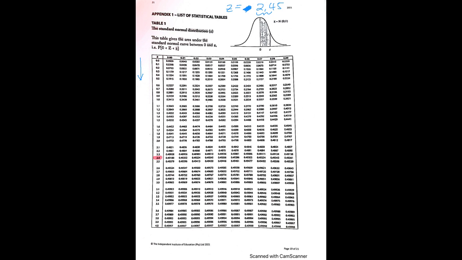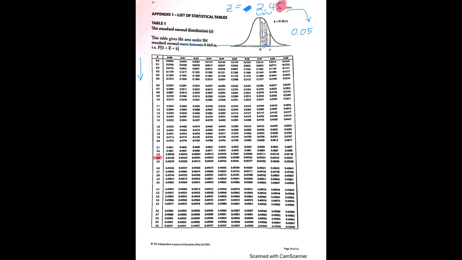Then the last digit, which is 5, there'll always be a 0.0 before the last digit, no matter what the number is that you're locating. So that would be 0.05. Now you look for that going across at the top. So you look for 0.05 and here it is.